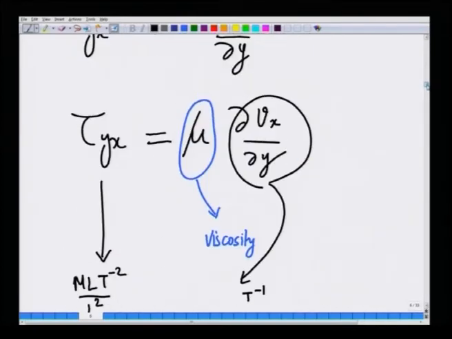So, this is a material property of the fluid.